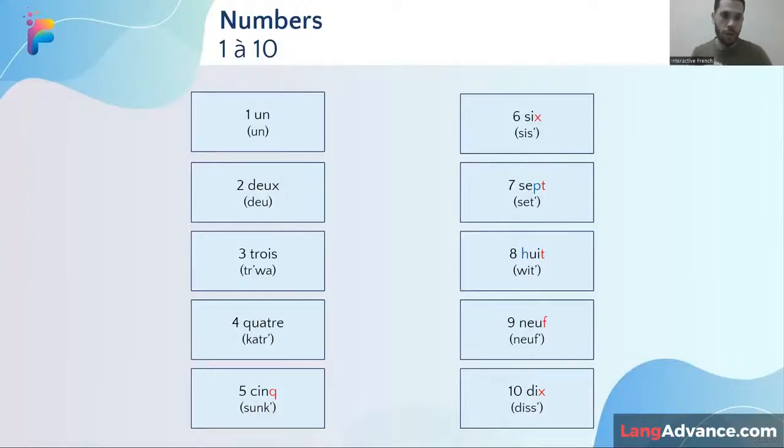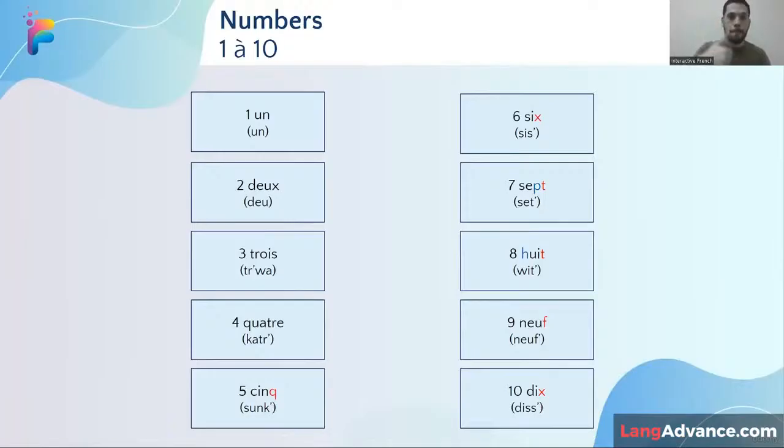Make sure when you pronounce quatre to not pronounce it with a qu sound, it's a k sound. Next is cinq. So cinq for five. Let's repeat from 1 to 5 first, and then we'll move on to the next ones.